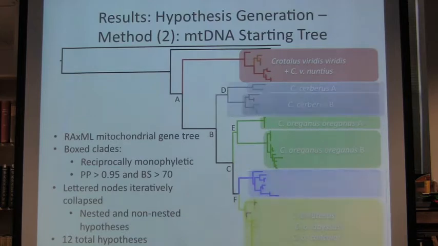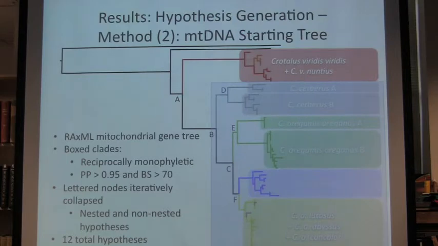If we collapse D per se, a similar arrangement with 6 species, but this is not a nested hypothesis, it's an unrelated hypothesis. We can also collapse both of them at the same time, or we can even collapse a deeper node for a 2-species hypothesis, and so on to create 12 hypotheses based on this tree.